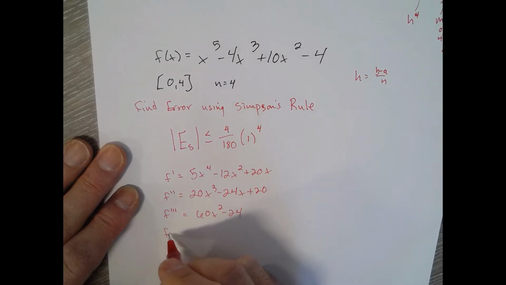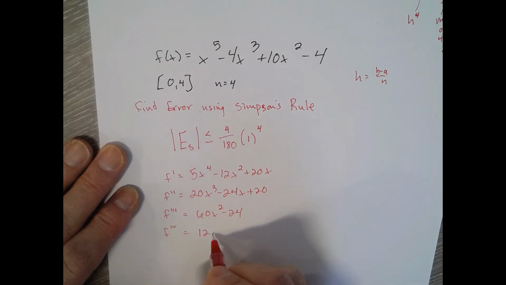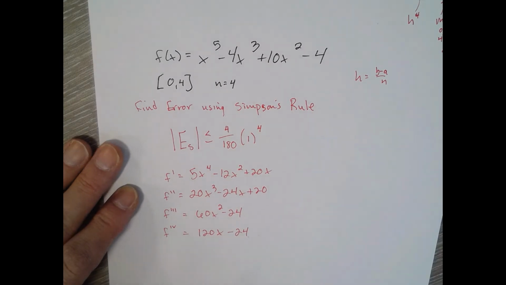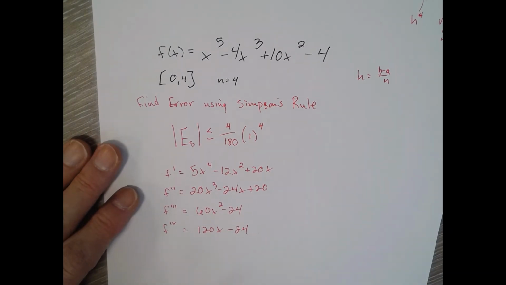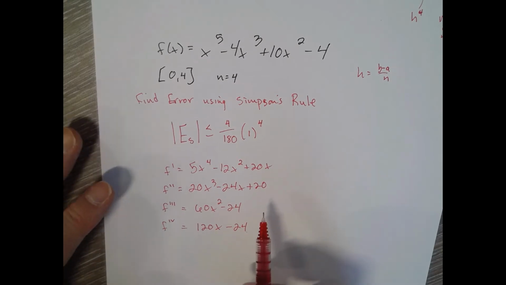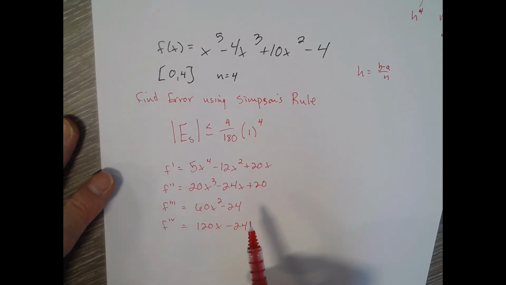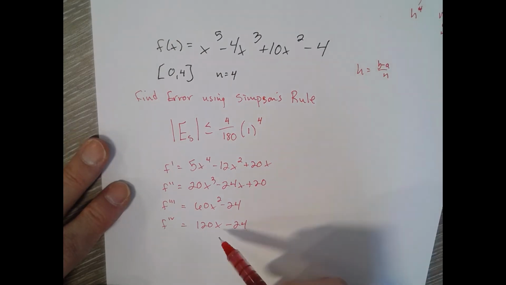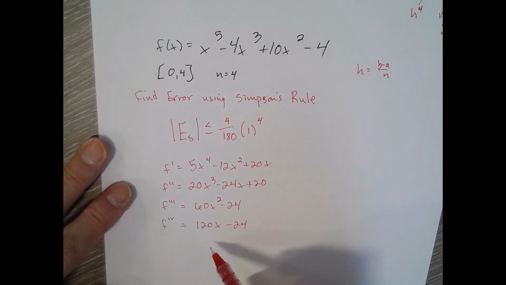The fourth derivative is 120x minus 24. We want to find the maximum of the fourth derivative on the interval from 0 to 4. So this is just a line. It's an increasing line because it has a positive slope.